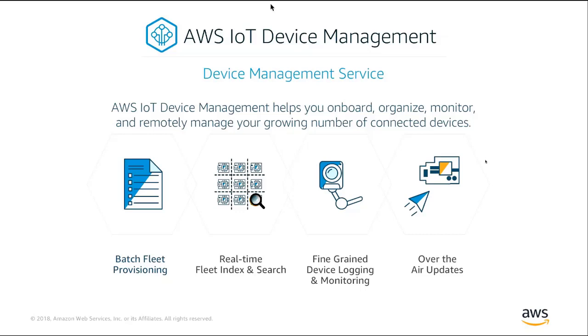You can do batch fleet provisioning, real-time search and index through a Lucene type cluster. You can implement fine-grained logging based on different groups of devices. And you can do over-the-air updates, so you can do patches on devices or roll out new firmware. So let's dive into each one of these features in a little bit more depth.